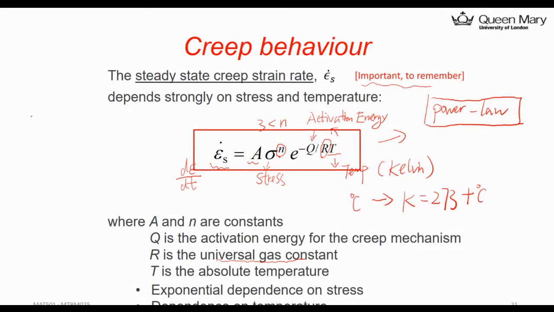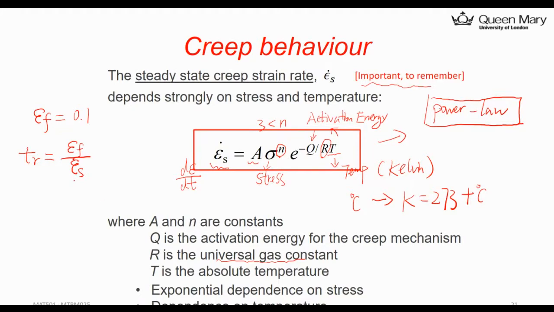So for the failure, normally you think about you have a failure strain. Let me go back. So failure strain normally is given. For example, for a metal 0.1, that's 10% of strain. So if you want to work out the time to failure, basically that is equal to the final failure strain divided by your creep strain rate.